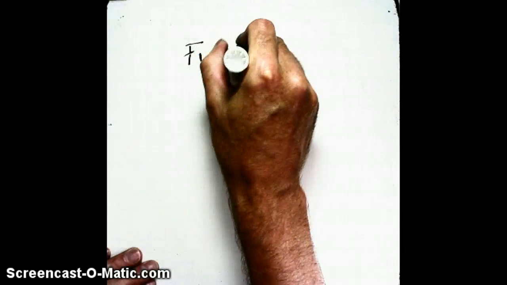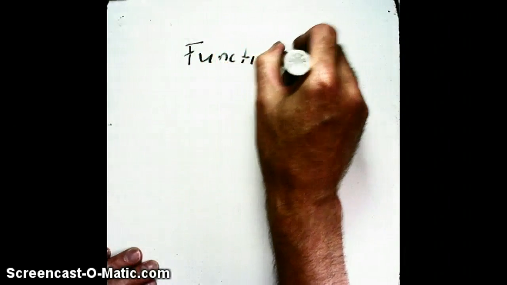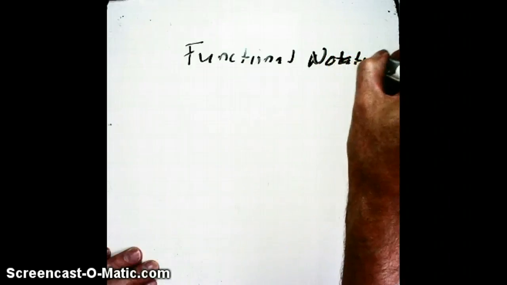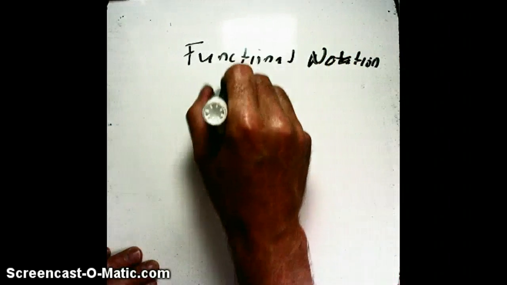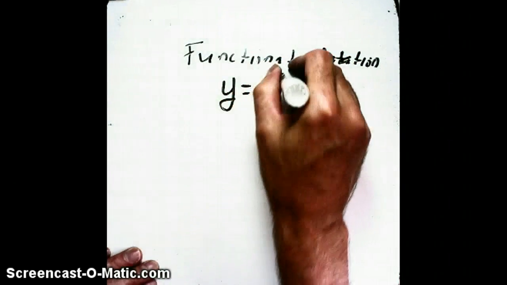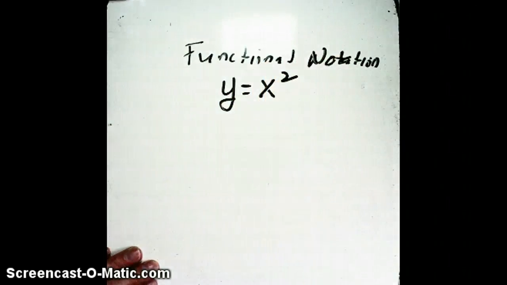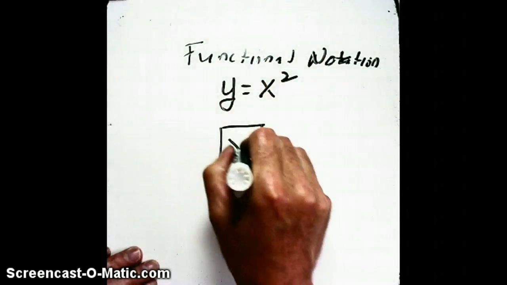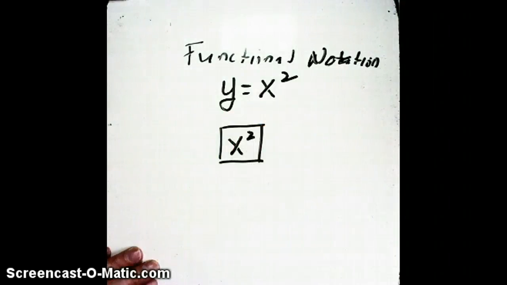I want to take a note and talk about functional notation. So now here's an algebraic relationship. Y is equal to x squared. Alright, so let's just play this game. We'll call it the black box game. If I throw a number in for that box, what will I get back out?